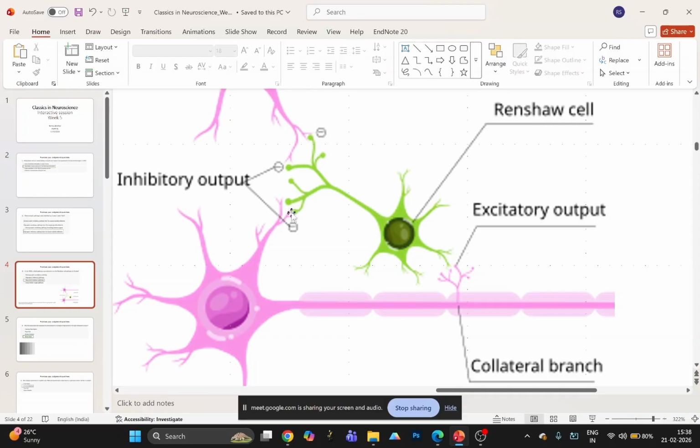So the synapse that was formed here was inhibitory in nature. These axon collaterals were forming excitatory synapses, whereas these interneurons, which were receiving information from the axon collaterals, were synapsing back to the same neuron and inhibiting it.